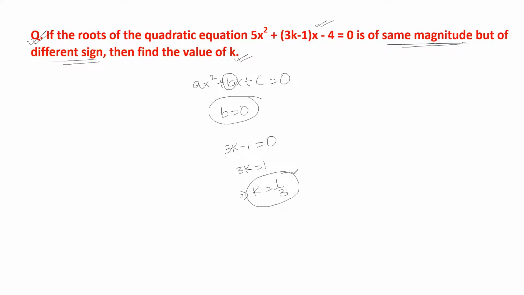So the value of k has to be 1 by 3 for this quadratic equation to have roots of the same magnitude but of different sign. In a similar way, if it has been given that for a quadratic equation the roots are reciprocal of each other, in that case, we can directly use a equal to c. That is, the leading coefficient and the constant term are equal.